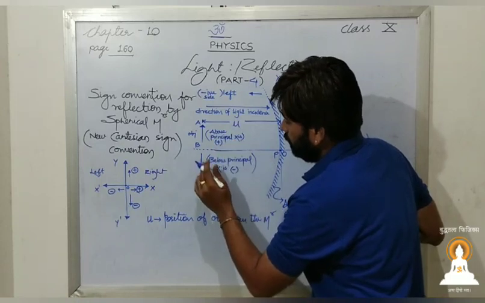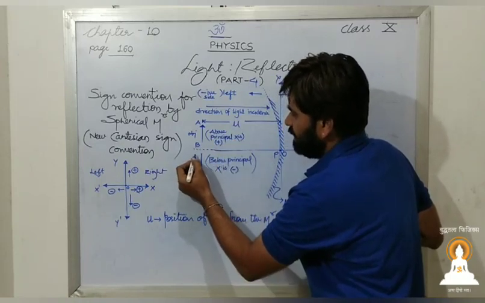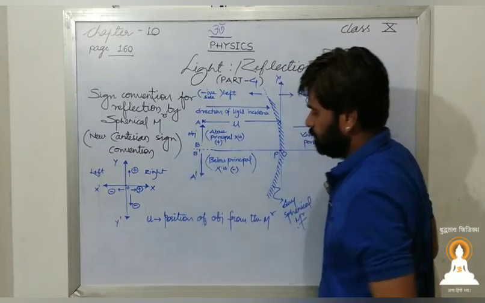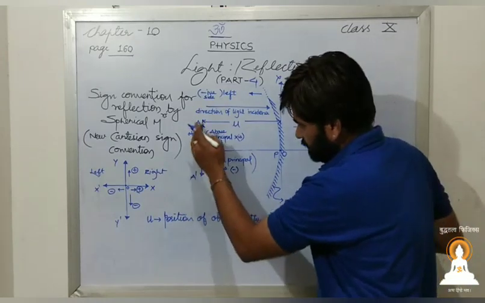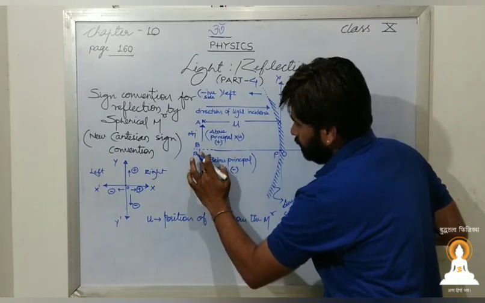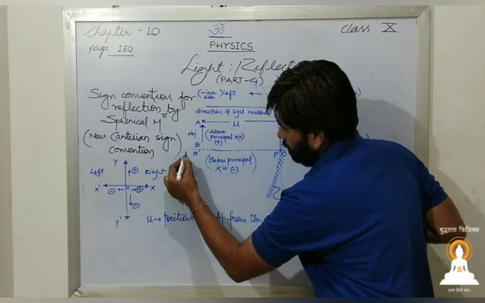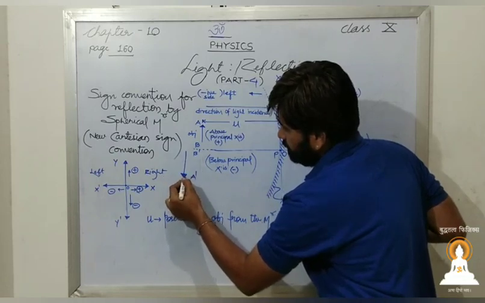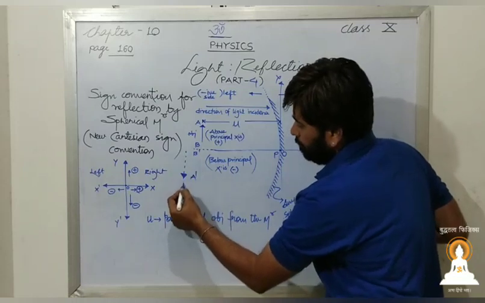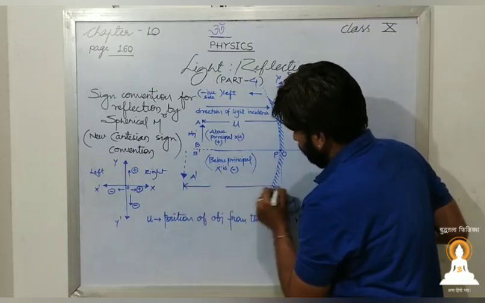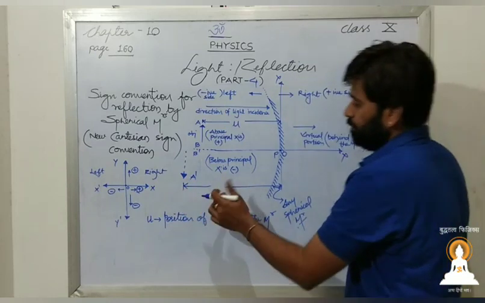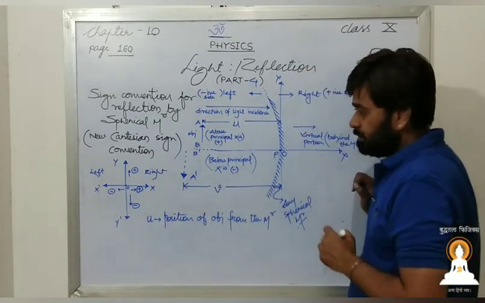Then if I talk about the position of the image, A dash B dash, unfortunately I have taken both at the same place, so let me replace it here. If this is the position of the image, A dash B dash, then from this particular mirror, that will be the position of the image, which will be treated as v.